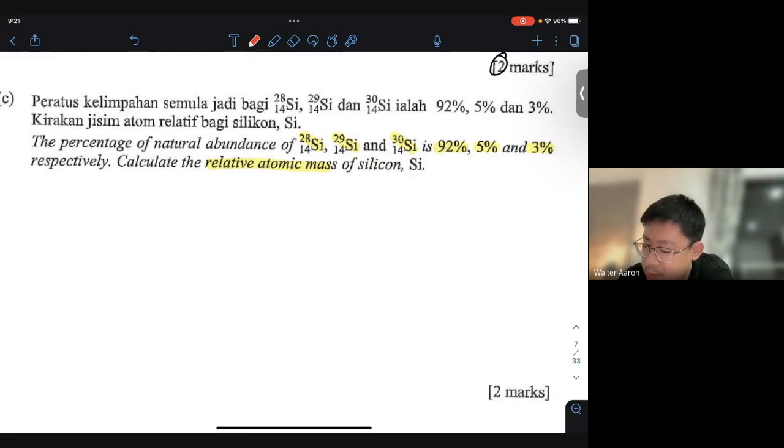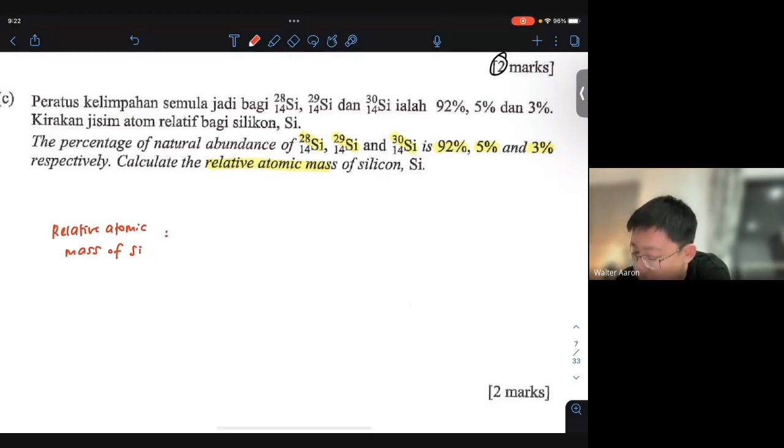So the calculation is very simple. Relative atomic mass will be the nucleon number of silicon-28 multiplied by the relative abundance.